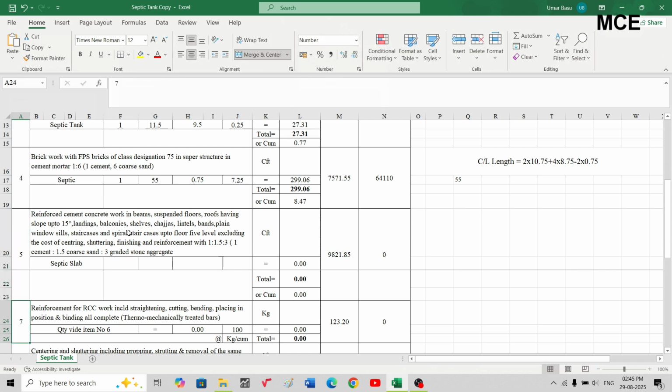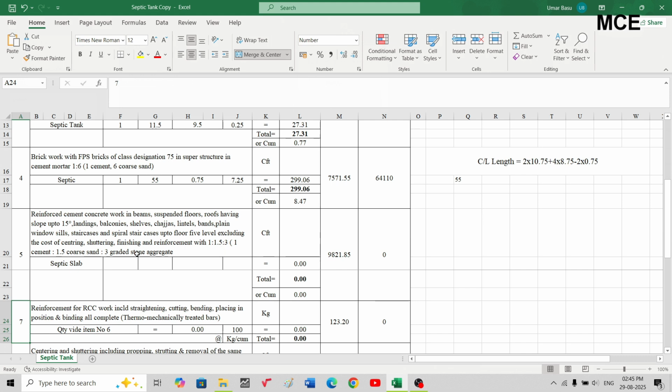Next we have to provide the reinforced concrete work, that is slab for this septic tank in beams, suspended floors having slope up to 15 degree, landing balconies, shelves, chhajas, lintels, etc. with 1:1.5:3 mix, that is M20 mix.